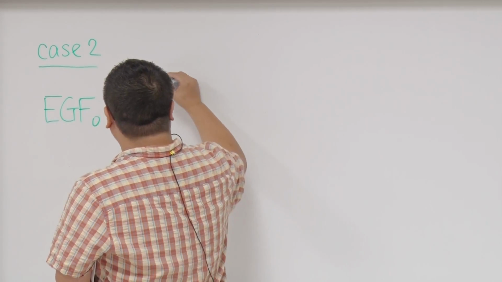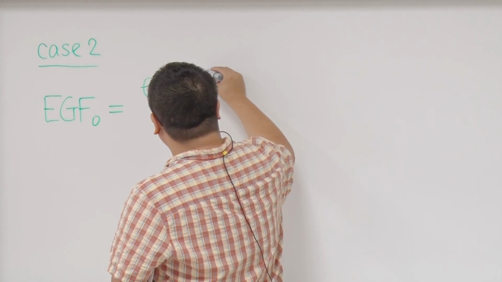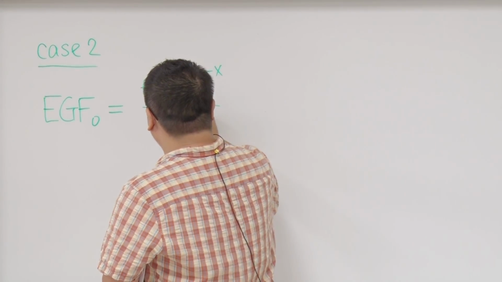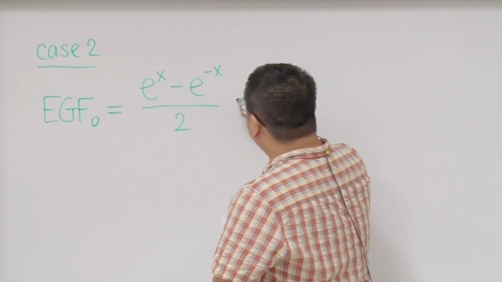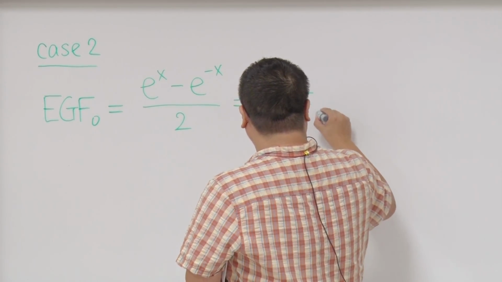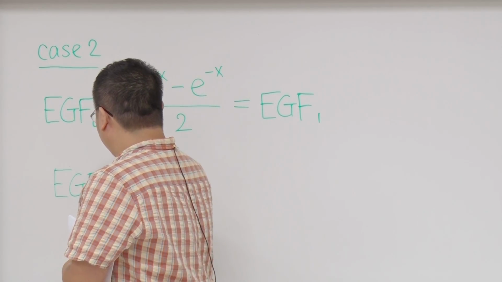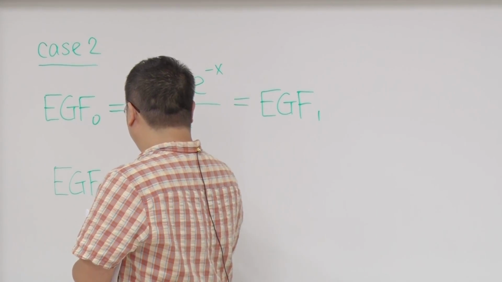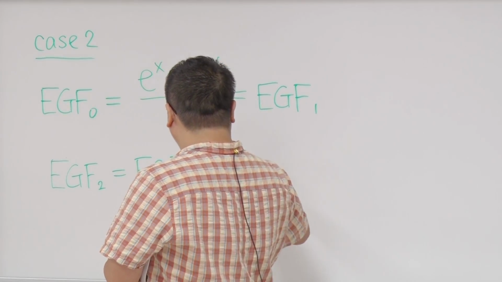So odd, it will be e to the power x minus, instead of plus, e to the power minus x, divided by 2. Is that okay? So it looks like this. And then this is equal to the EGF of 1, and the EGF of 2 and of 3, they are the same, e to the power x.